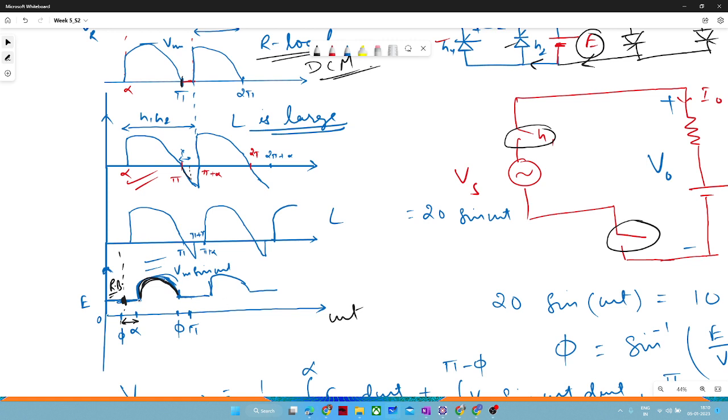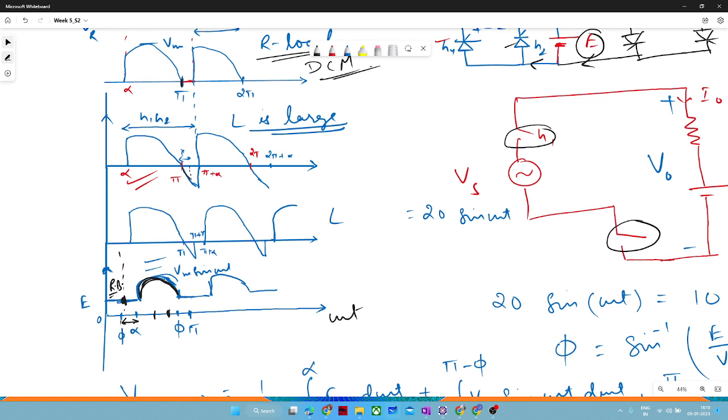And if you started from alpha, you may anticipate that it will stop conduction at pi minus alpha. If you start conduction at phi, it will stop at pi minus phi if it were an uncontrolled switch. But now it is a controlled switch, so you can start conduction from any point. Doesn't matter. But it will stop conducting when it comes in forward blocking mode or reverse blocking mode.